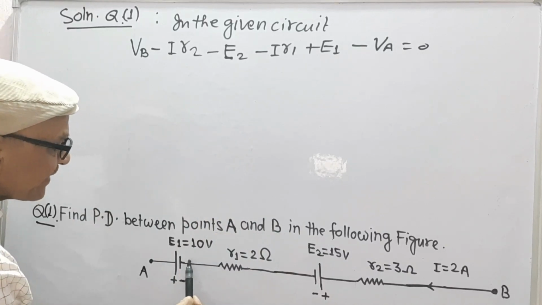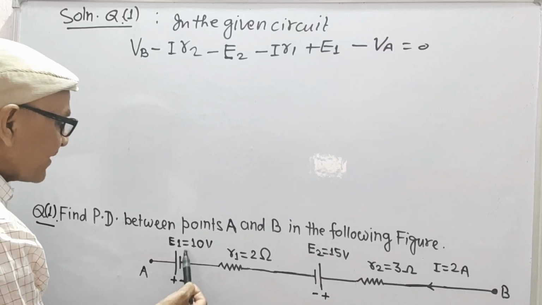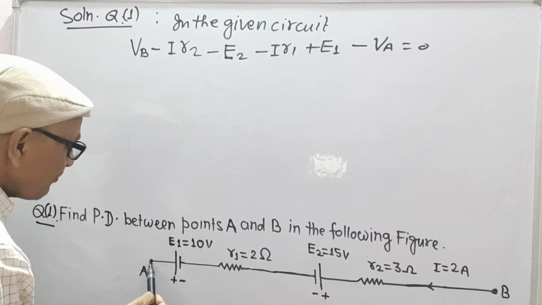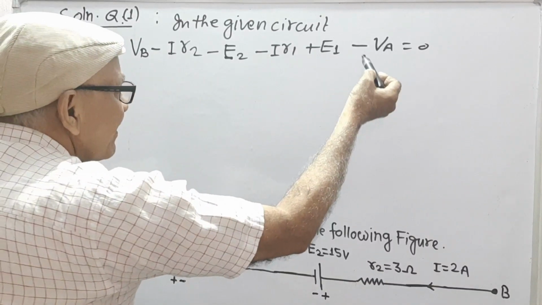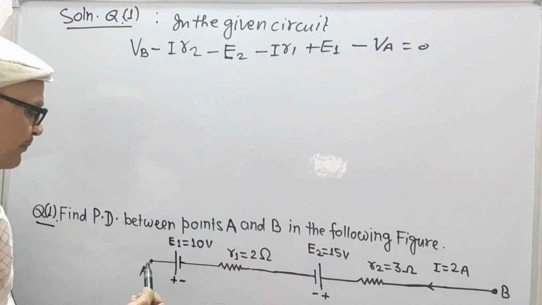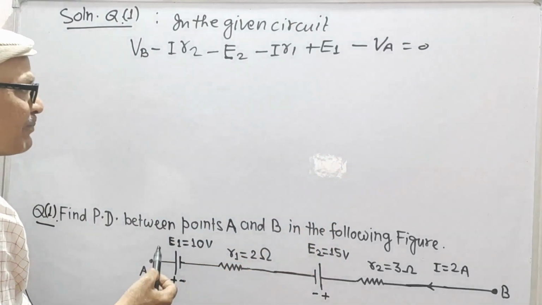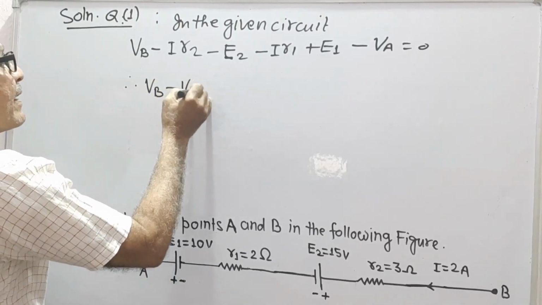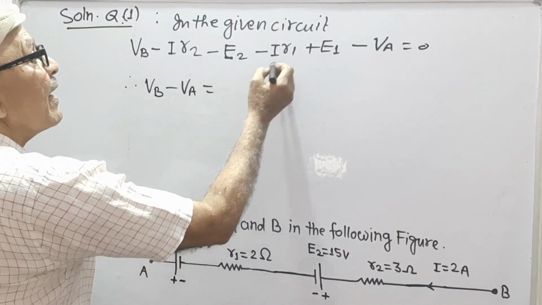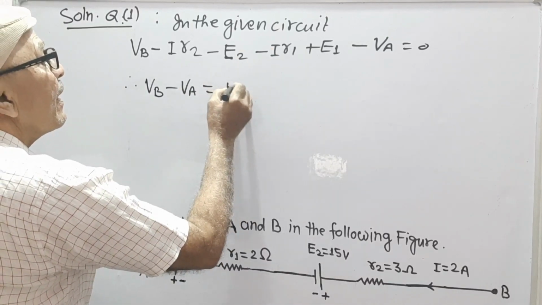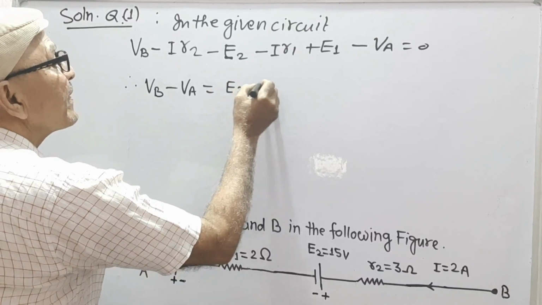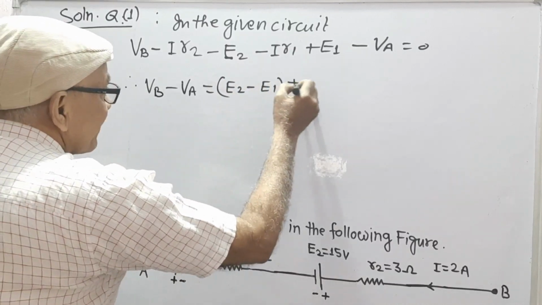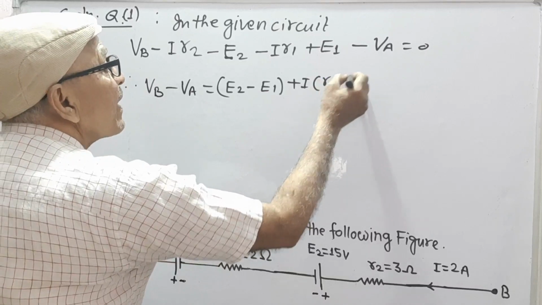Current is entering this cell from negative to positive terminal, therefore E1 is taken positive and point A will be at negative potential, minus VA. Therefore VB minus VA will be equal to E2 minus E1 plus I into R1 plus R2.